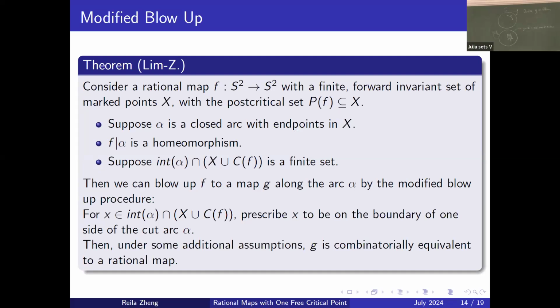And you basically have an arc where if you look at those points, let's say this one is xi and this is xj, you're going to embed a disk like this after you make the cut. After cutting along alpha, you can glue in a disk like that, and you can still do the same procedure.